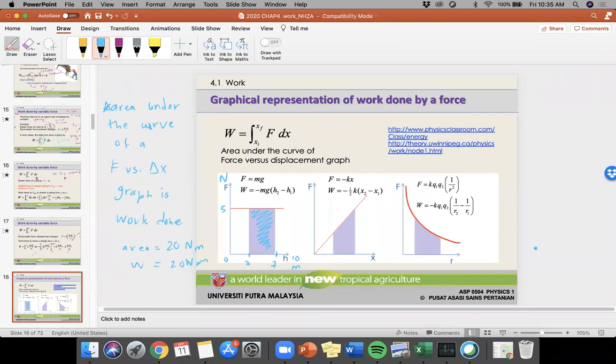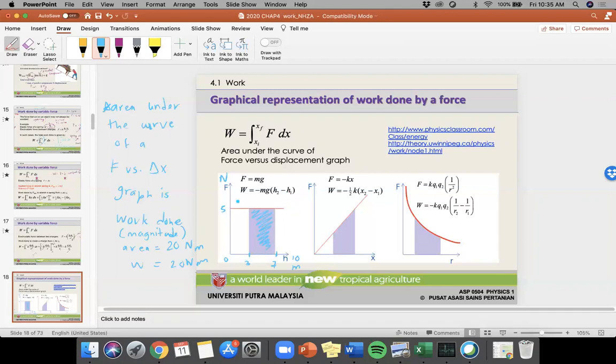So it depends whether it's the guy pushing it, or the force of gravity, or the reaction force. So your work done is positive or negative depending on the question. Your curve or your graph will only give you the magnitude for work.